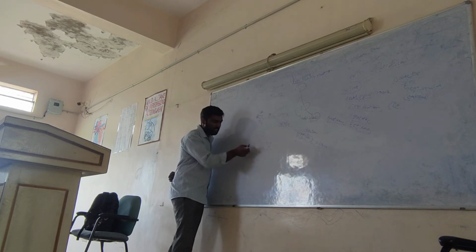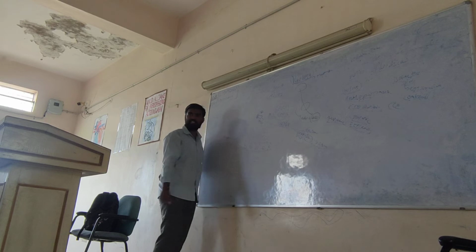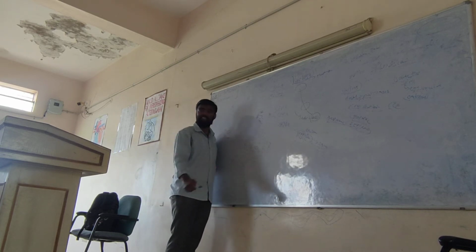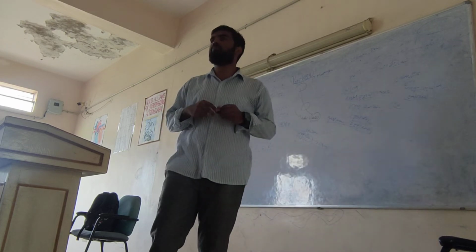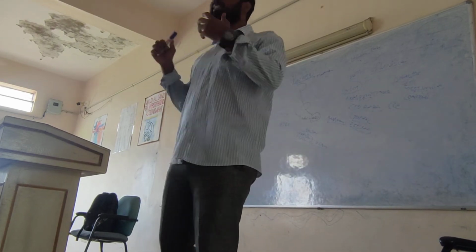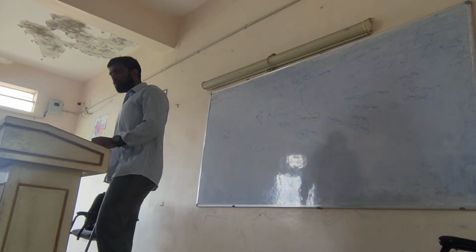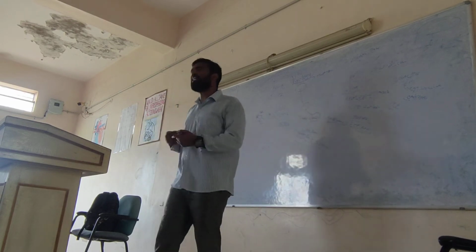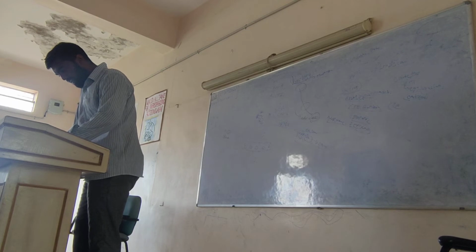In a syncytium, how many cells are there? Only 1 cell, but how many nuclei are there? 5. This structure is called a syncytium, right? So in respiratory syncytial virus, it causes syncytium.